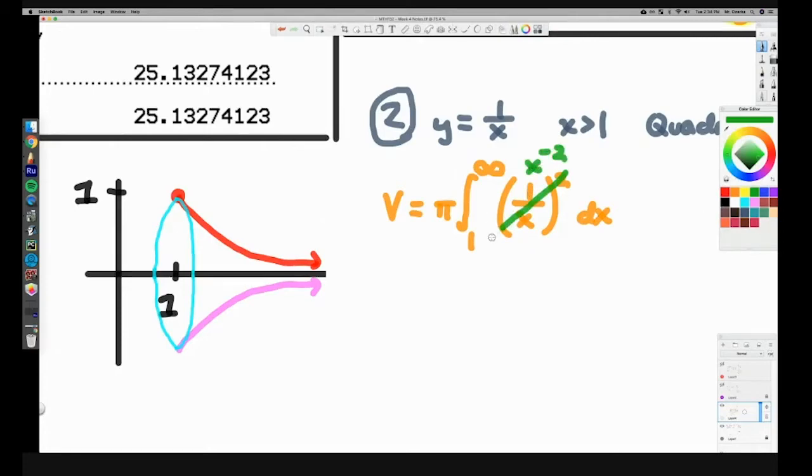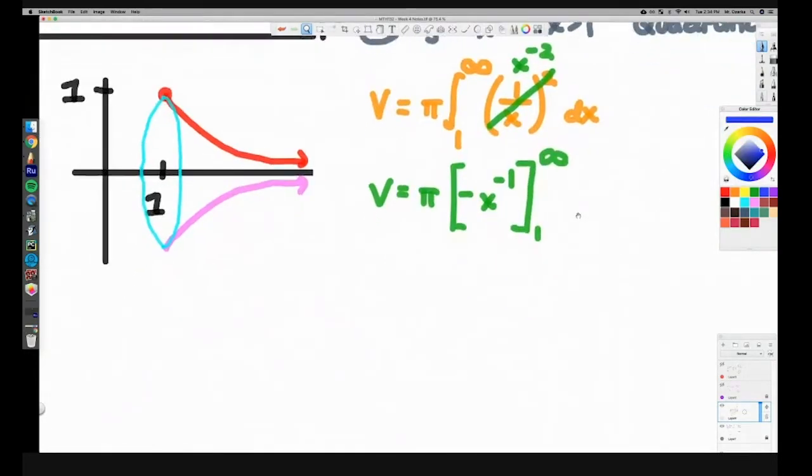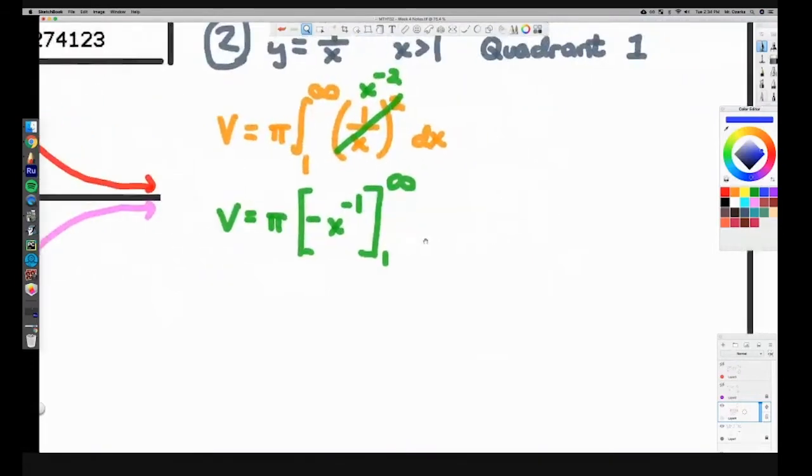Just going to write it like that right away so I don't have to rewrite everything. Since you're the only one here, just stop me if I'm going too fast or something. Yeah. So you have negative x to the negative 1, and we're integrating this from 1 to infinity, which you're not really supposed to write it that way, but that's okay. Okay, I'll write it over here. Okay, this is going to be equal to pi.